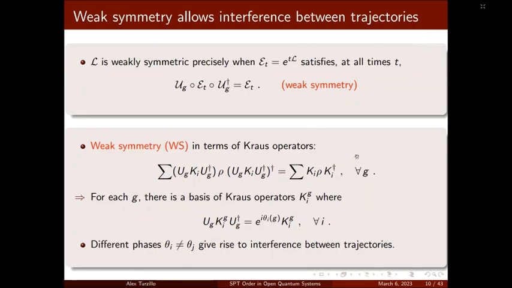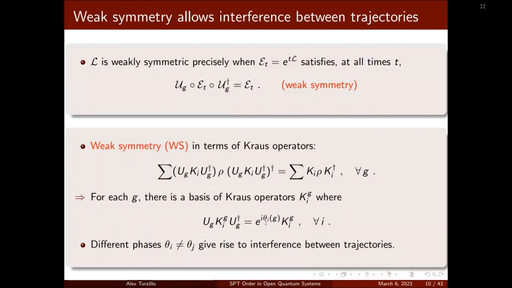What this means is we have two Kraus representations of a channel. So that means they must be unitarily related. We can choose a basis of the Kraus operators where that unitary is diagonalized, and we get a bunch of phases, e to the i theta i. So one thing to notice here is that each of the trajectories, so each of the Kraus operators, could in general be getting a different phase.